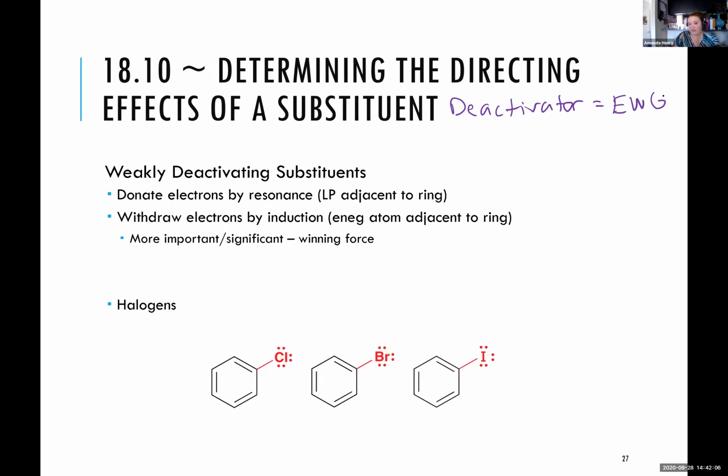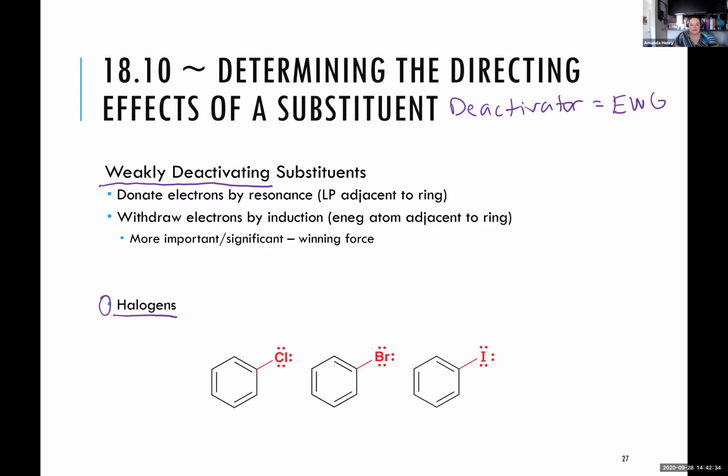We're going to look at what substituents fit into each category, how they're withdrawing electrons, and then how that's affecting the molecule or the reaction. So our weak deactivators are the halogens. Nice category. It's very cut and clear and makes sense.